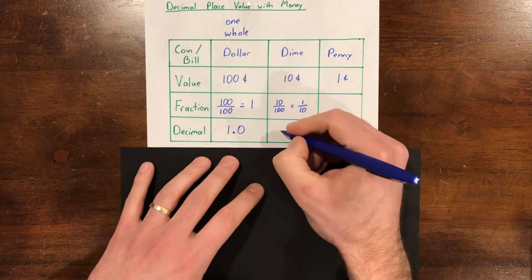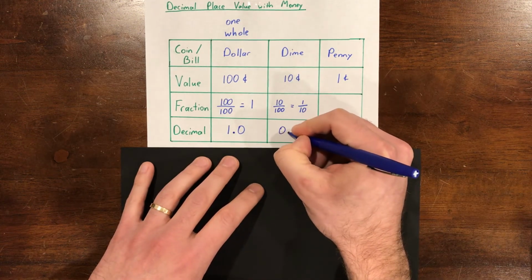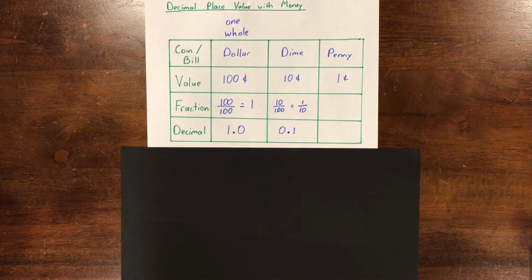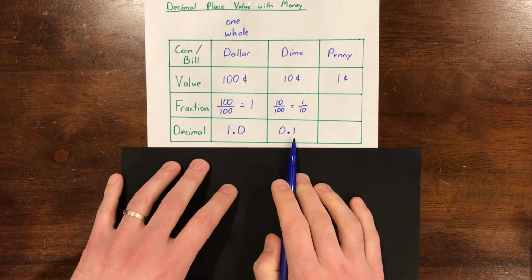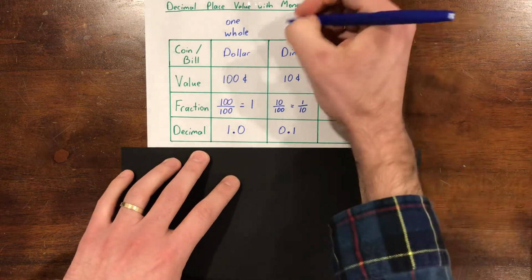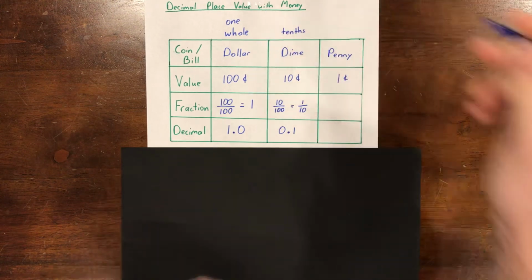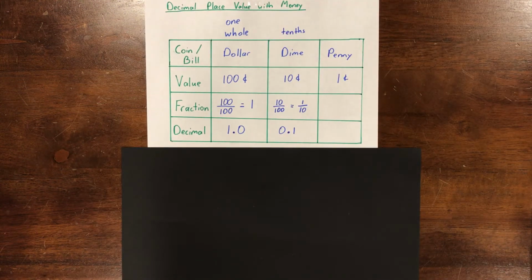Right. You'd write it as decimal point 1, right? Because it's 1/10. And the place to the right of the decimal point, that's the tenths place. I'm going to label this up here tenths.